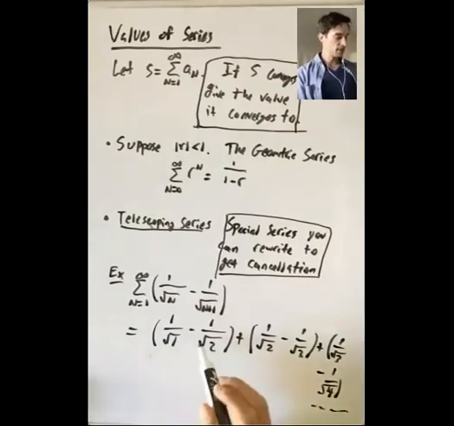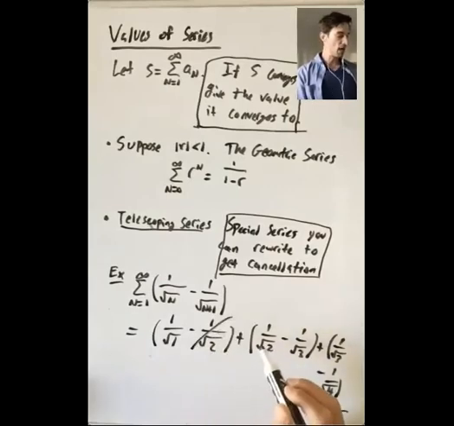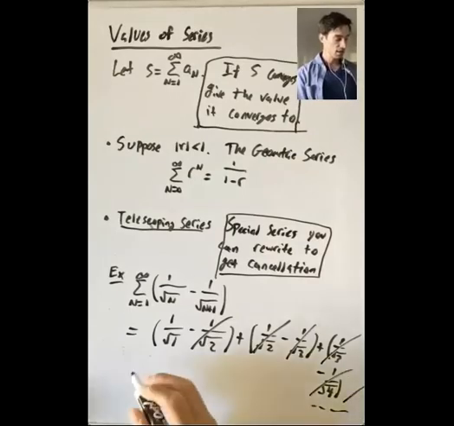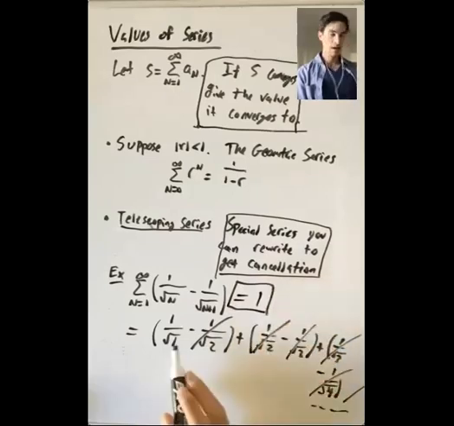And what we're seeing is the negative term in each pair cancels with the positive term in the next pair. Minus 1 over root 2 plus 1 over root 2, minus 1 over root 3 plus 1 over root 3, minus 1 over root 4 plus 1 over root 4. So this series is equal to 1 because the only thing that never cancels is this 1 over square root of 1.